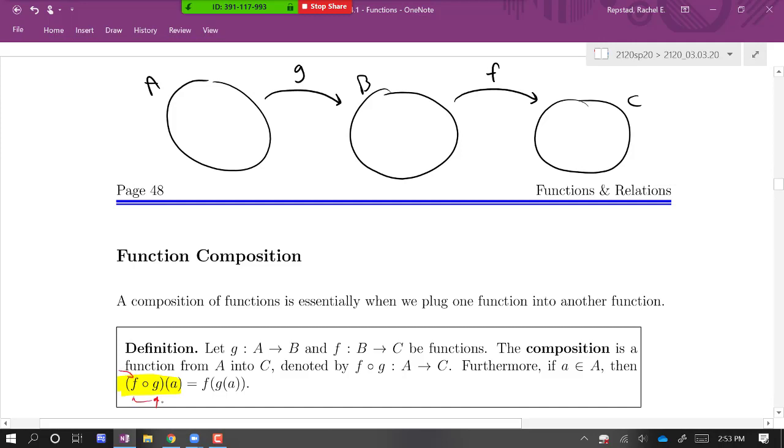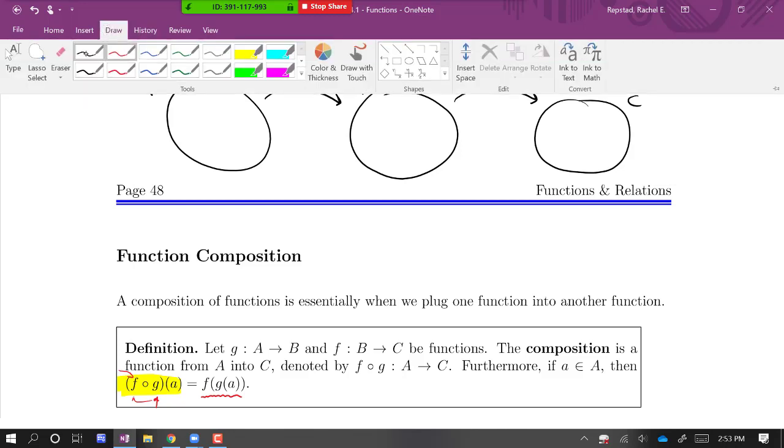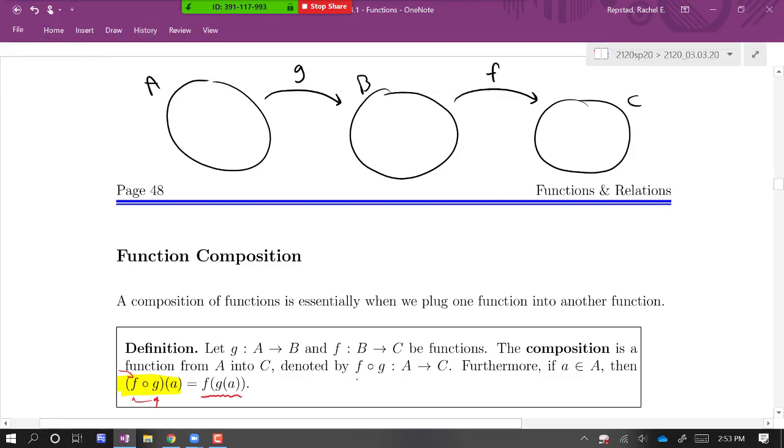We use that little circle to say f composed with g, but it means the same thing as f of g of a. Figure out what g of a is, plug that into f. This definition just says, if they're compatible, then we have this new function, f of g, that maps from A directly into C by way of B.